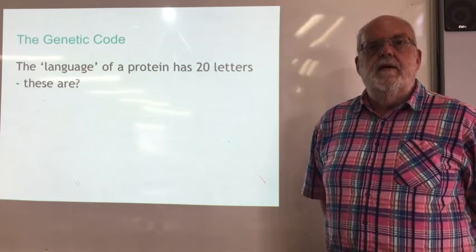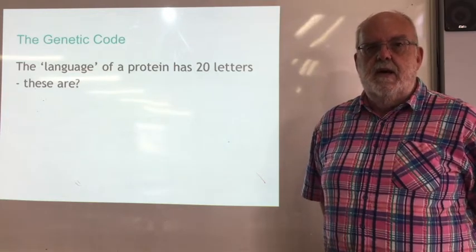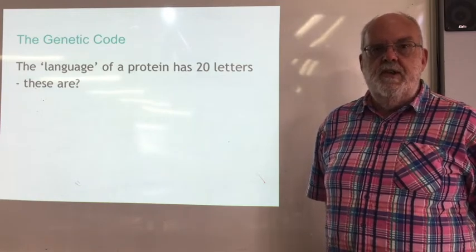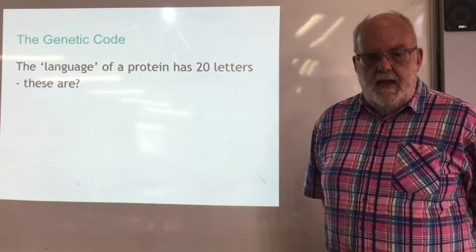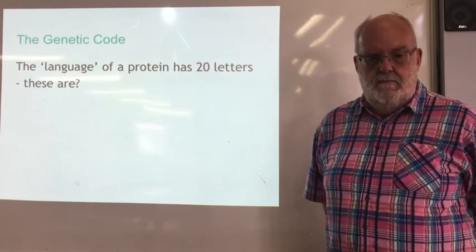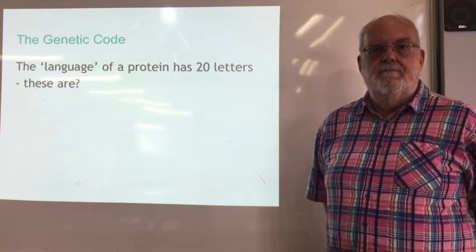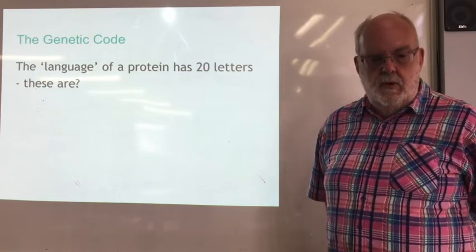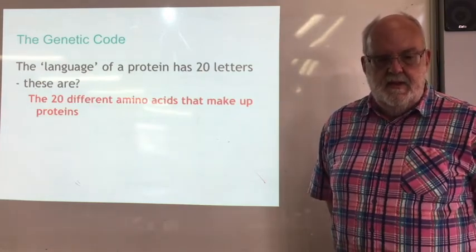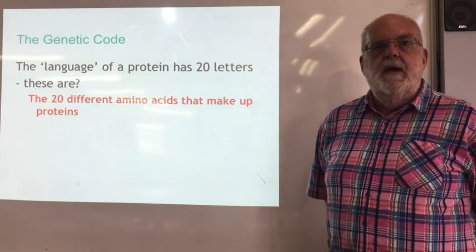If we think about the code as being like a sentence where you have words and letters, the language of a protein has 20 words in it. And those 20 words are the 20 different amino acids that make up proteins.